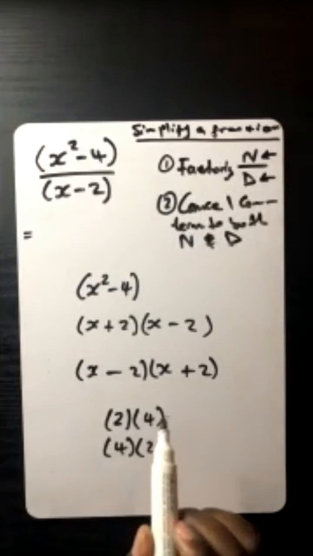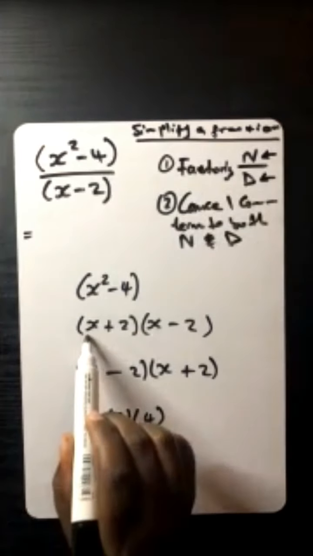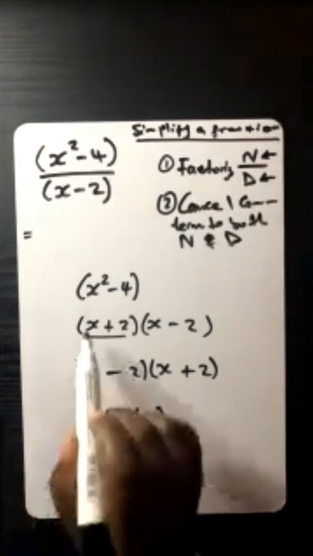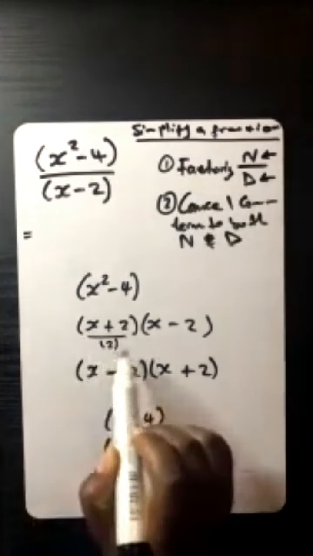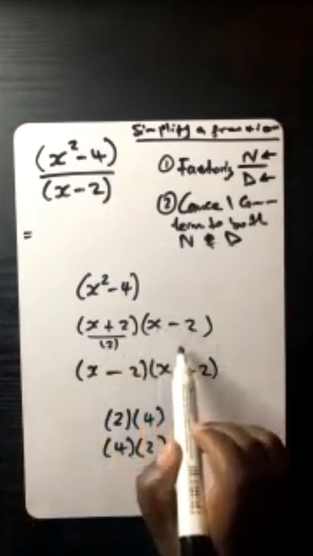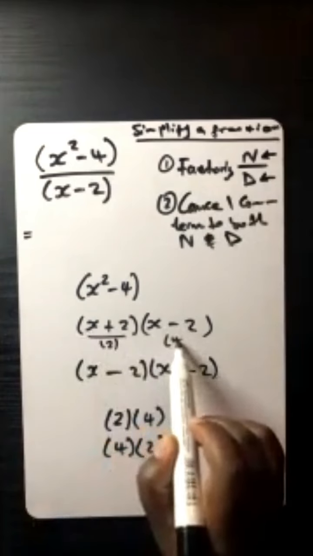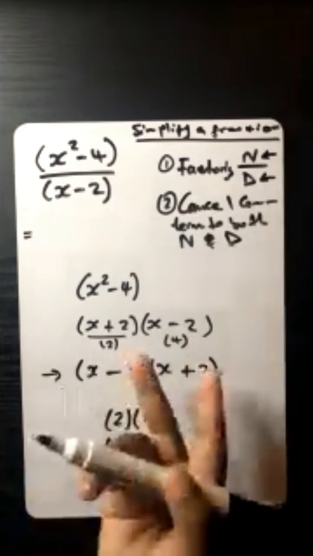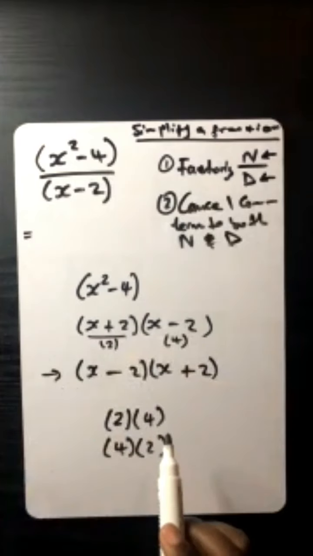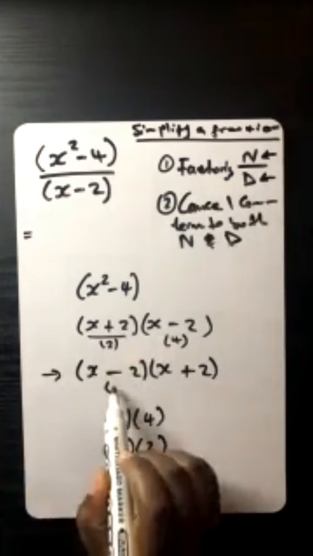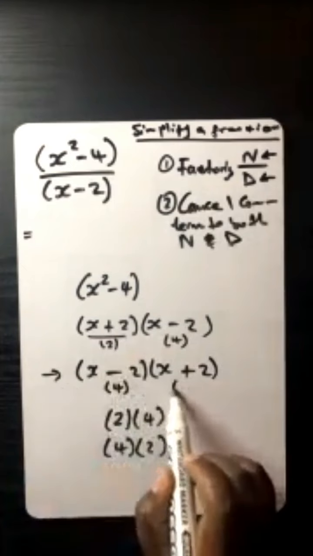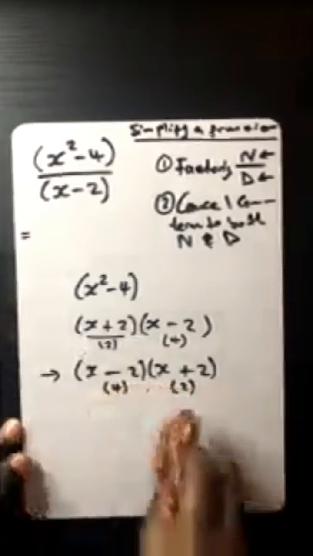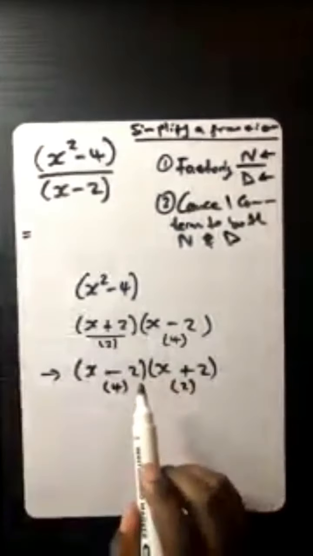Which means if x plus 2 is this 2, and x minus 2 is this 4, then in this case we are just swapping the same thing, whereby this is now 4 and this is 2, which means it is the same thing, Shreyas. We'll just prove it.